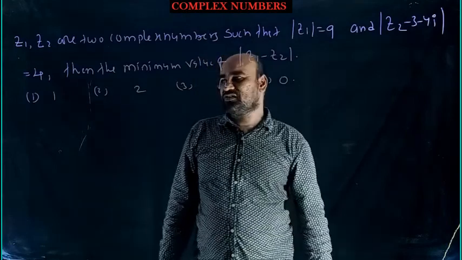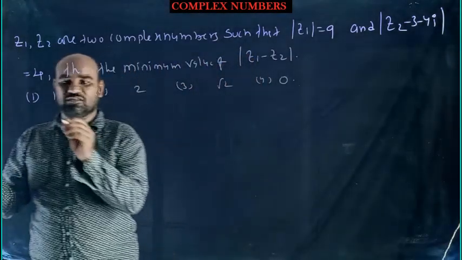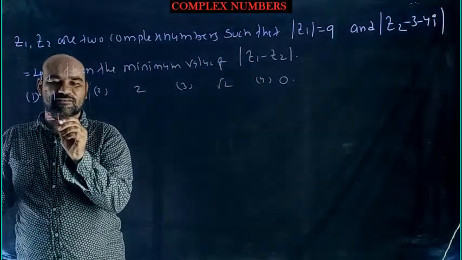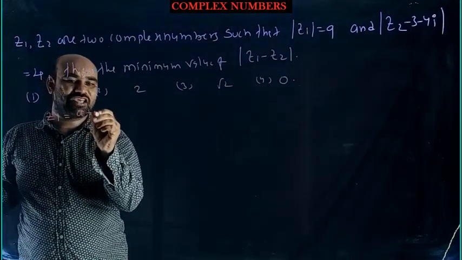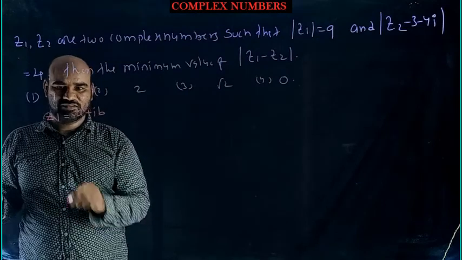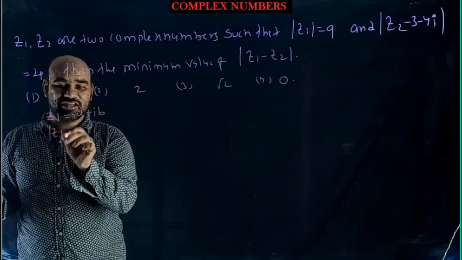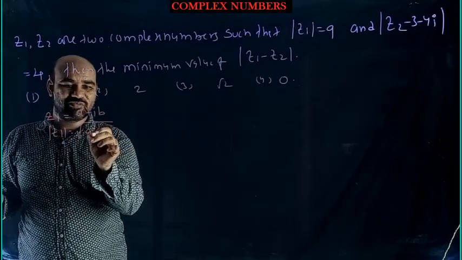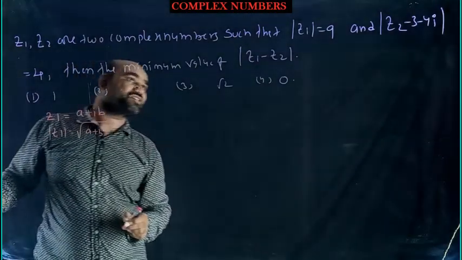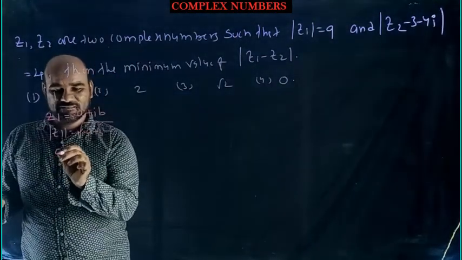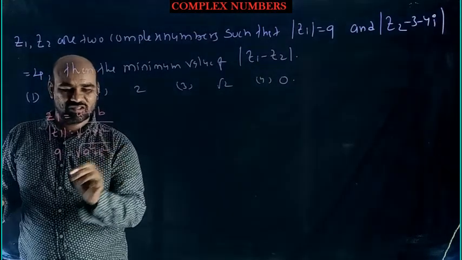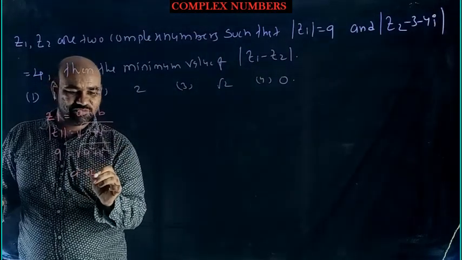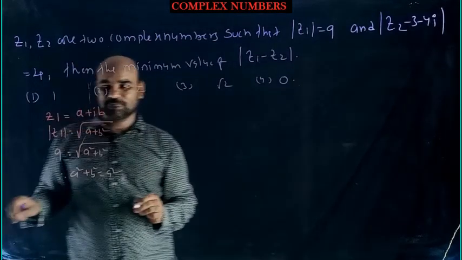So first of all, observe here, z1 is taken as a + ib. Mod z1 means root over a² + b². Mod z1 is given as 9, so 9 equals root over a² + b². Therefore a² + b² equals 9².